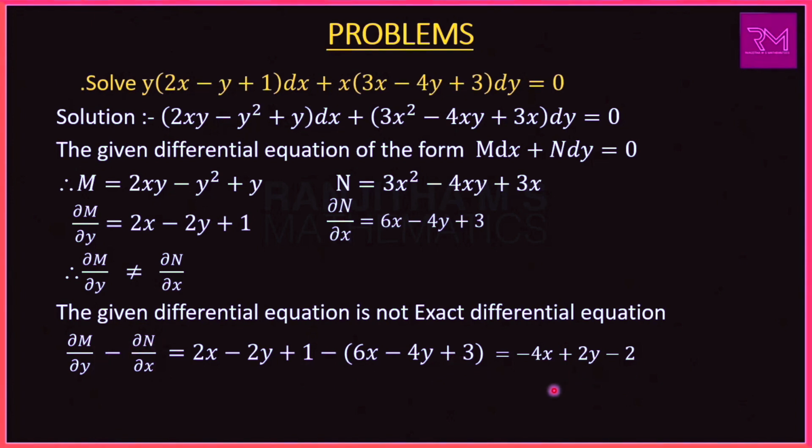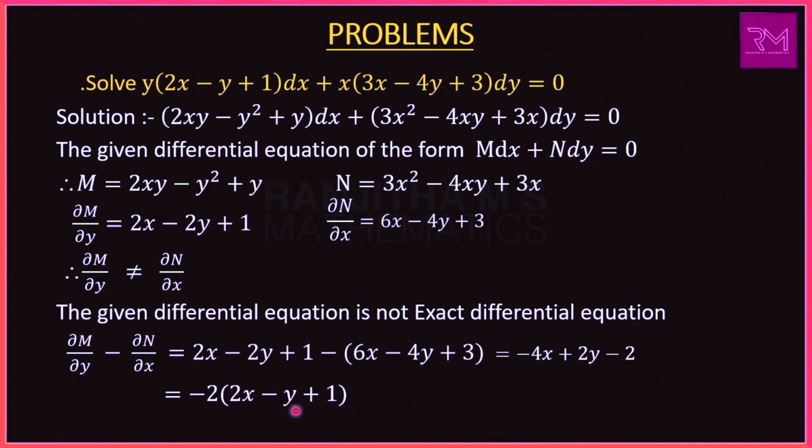After obtaining ∂M/∂y - ∂N/∂x, the next procedure is to see whether this difference is close to either M or N value. Identify carefully, this is of the form -4x + 2y - 2. Hence, if we take -2 as common here, the remaining is 2x - y + 1.